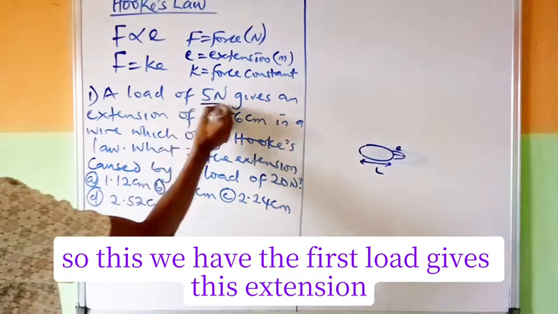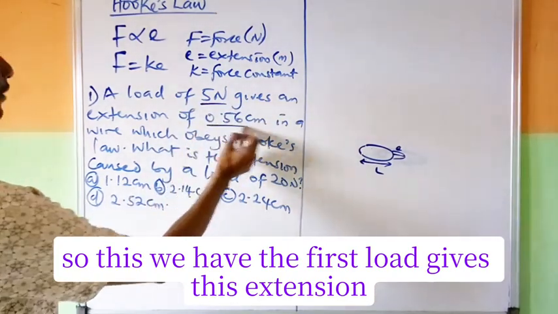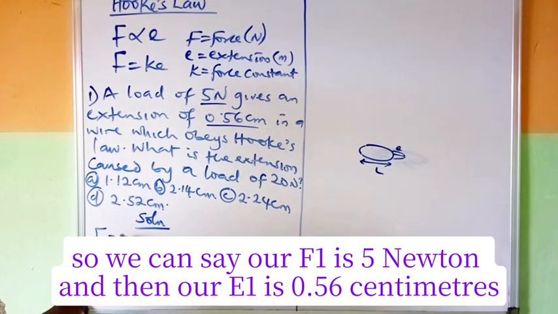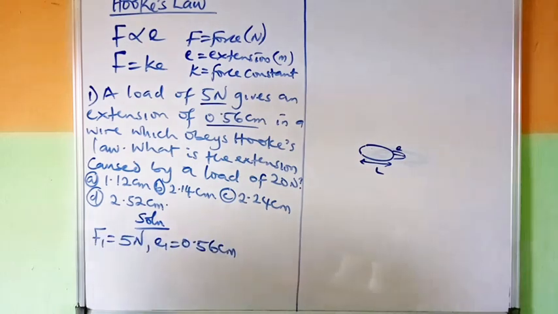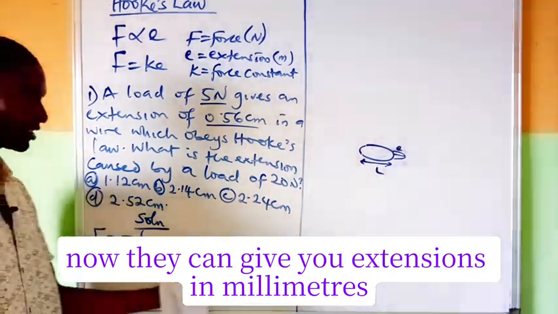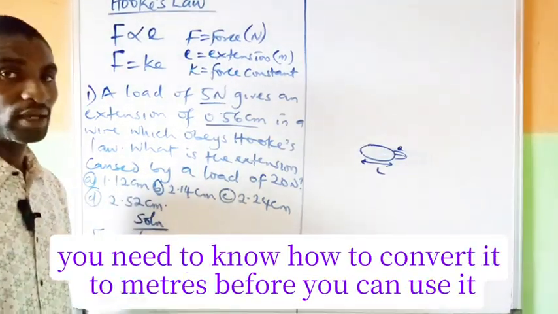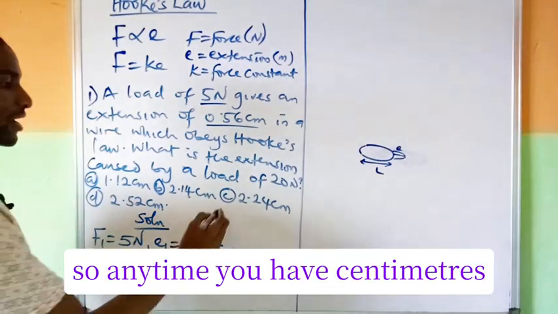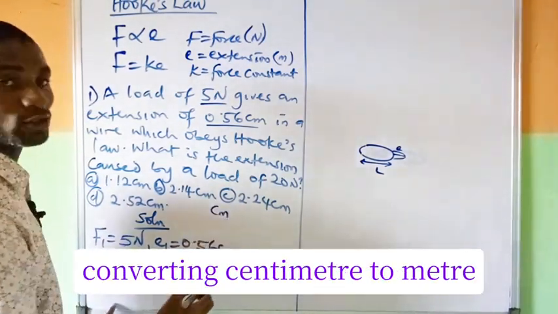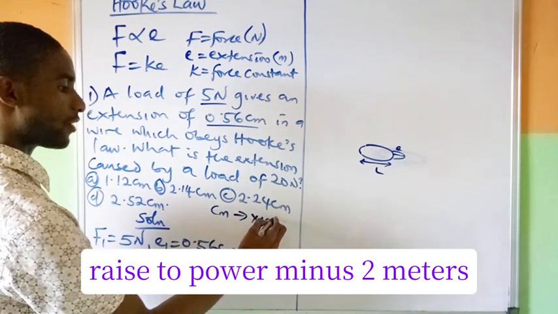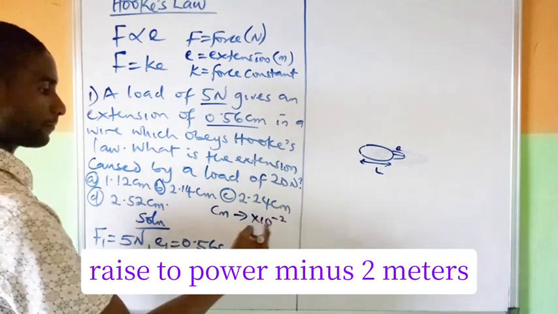So the first load gives this extension. We can say our F1 is 5 newtons and E1 is 0.56 centimeters. Now, they can give you extensions in millimeters or centimeters, so you need to know how to convert to meters before you can use it. To convert centimeters to meters, multiply by 10 raised to power minus 2.